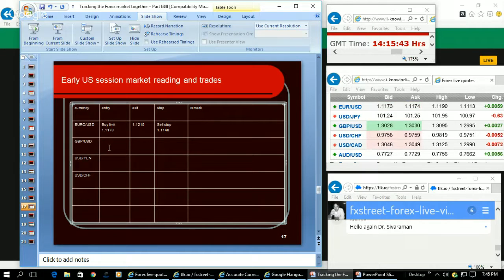Similarly, in the case of GBP, we'll try to take a buy limit order at 1.30.